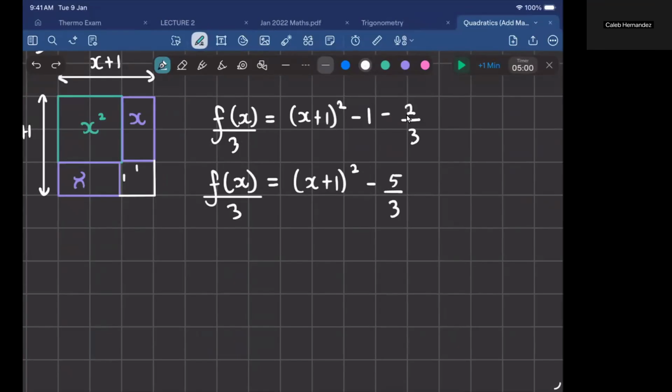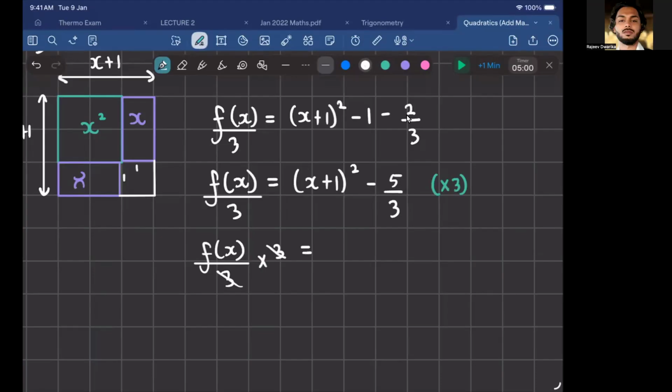By 3. Exactly. So if I multiply both sides by 3, what am I going to get? Caleb, let's take it one step at a time. If I have f of x over 3 multiplied by 3, what's going to happen with these 3's? Cancel out. Okay, so we're going to get back the original area, f of x.